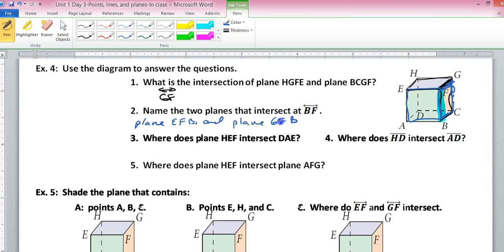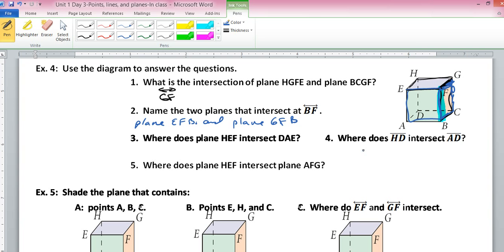And remember, those could be named differently. You don't have to name it EFB and GFB. You could technically have FEA for the first one and CBF for the second one.